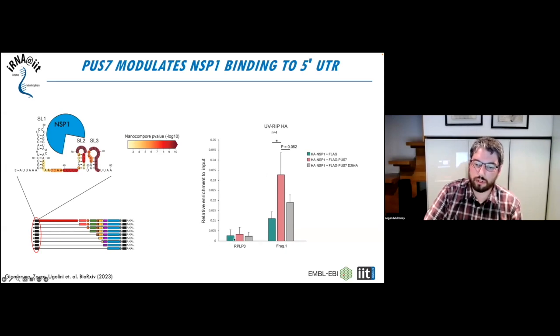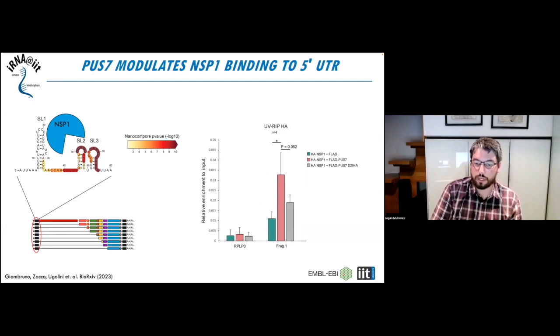And so all 3 of the PUS7 controls against RPLP0 were about the same. And then the amount of RNA that we found with the empty FLAG versus the catalytically active PUS7, and then the catalytically disrupted PUS7 was reduced. And so it does look like that pseudouridine is important for NSP1 binding to this region, and that could control the translation of the viral proteins.